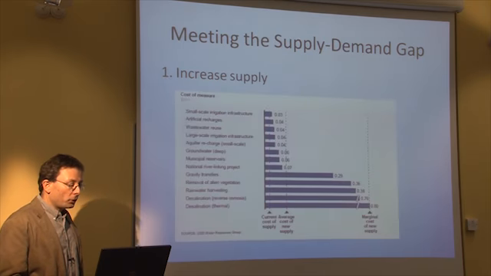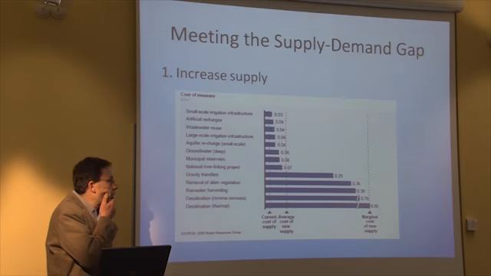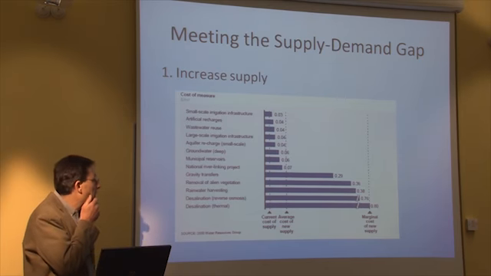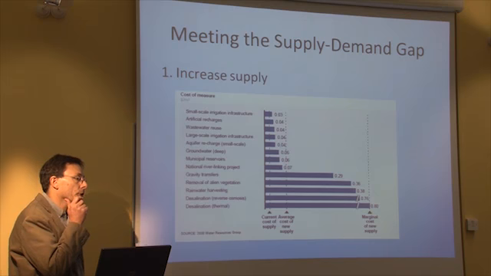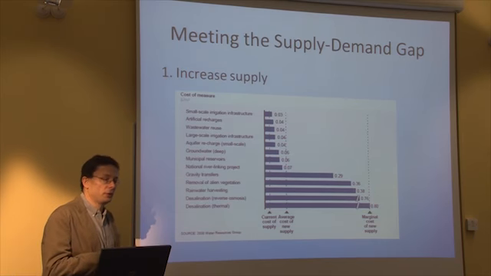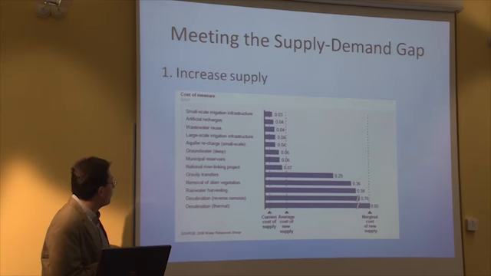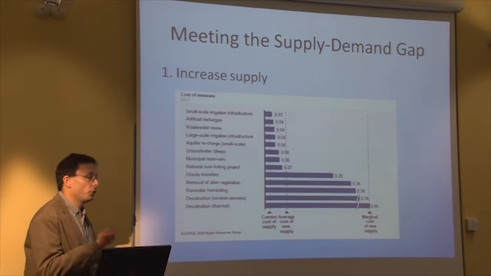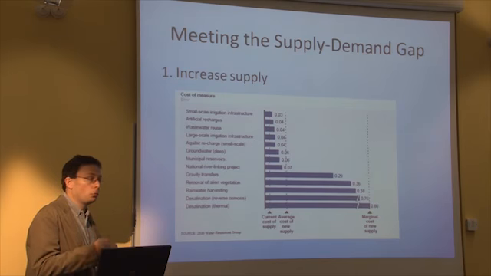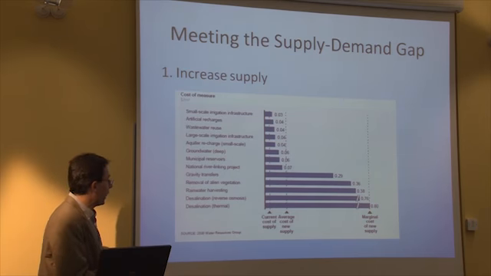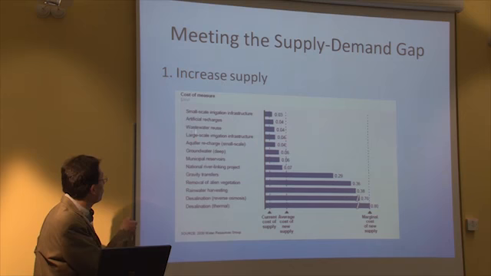Now, one of the issues with the supply side situation is that these are generally quite capital-intensive solutions. This shows for India the relative cost of supply side measures to augment supply. And there's a whole lot of different examples here, ranging from wastewater reuse through to some quite large projects and desalination.